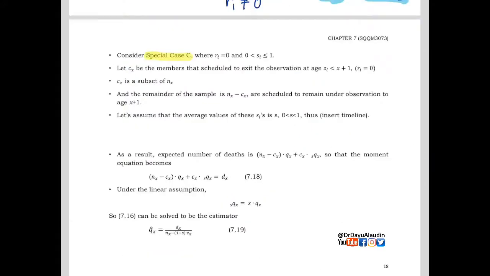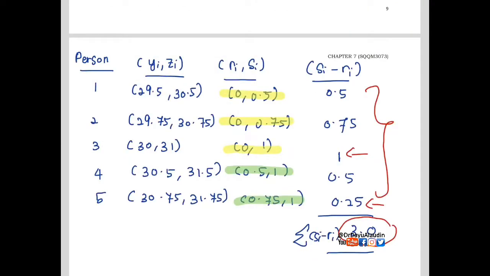Special case C is for those with Ri equal to 0 and Si between 0 and 1. In example 1, Cx is for those with Si between 0 and 1.